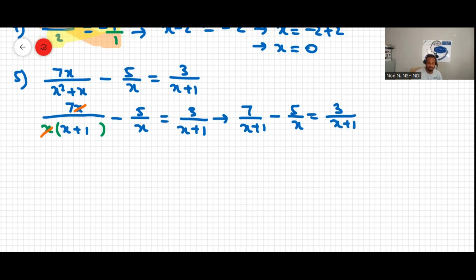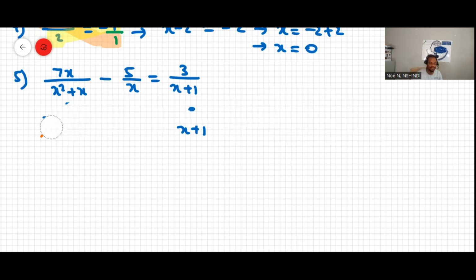Now, okay, I don't think simplifying here will help us because we have a denominator of x here. So we will get back to this. So I prefer not to simplify in this case. Let's just leave it factorized but not simplified.